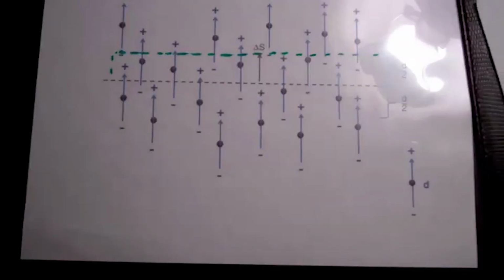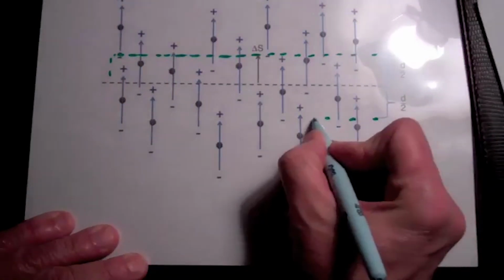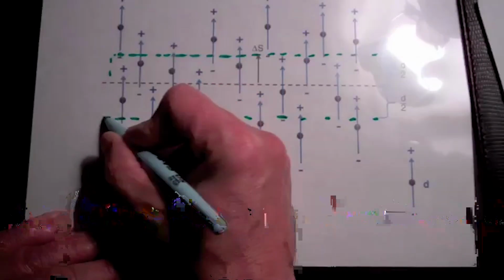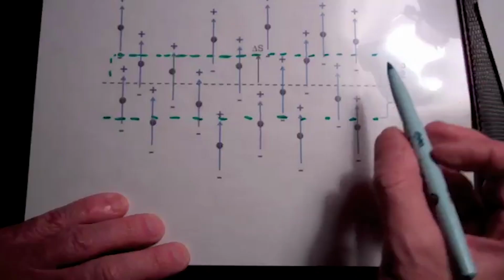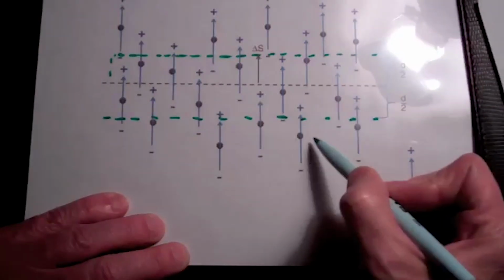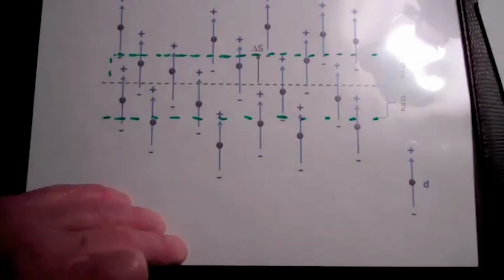Now, similarly, all the charges below the interface that are within a distance of d over 2 of the interface will result in a plus q going up through the interface, which is the same as a decrease in the charge in our enclosed volume of minus q.